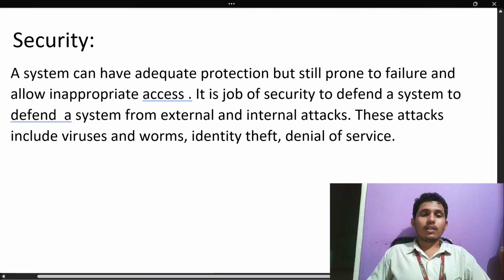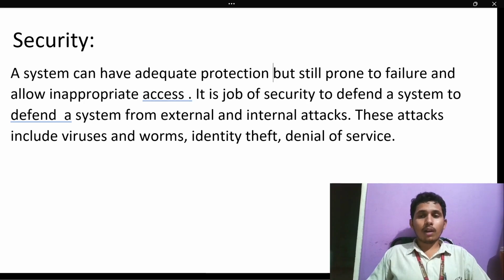Security. Even though the system has adequate protection, it can still fail and may lead to inappropriate accesses. It is the job of security to defend a system from internal and external attacks.